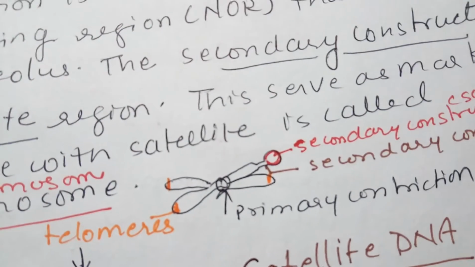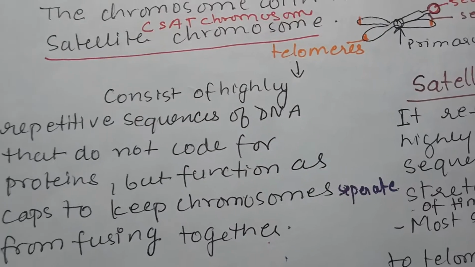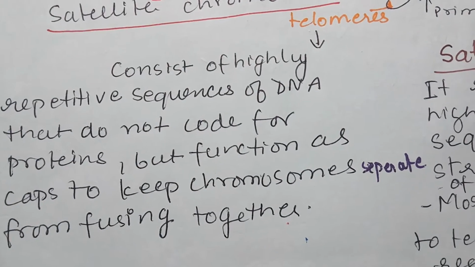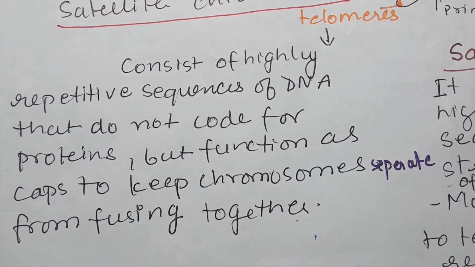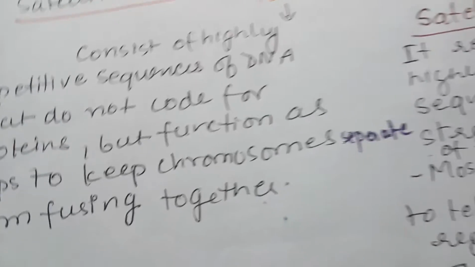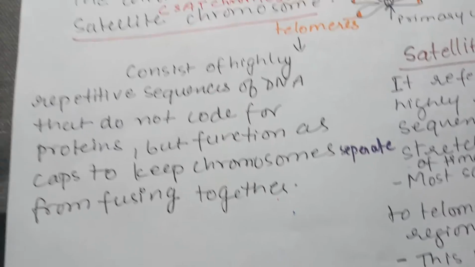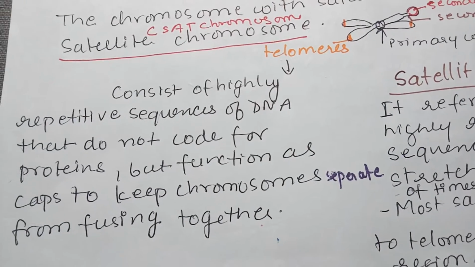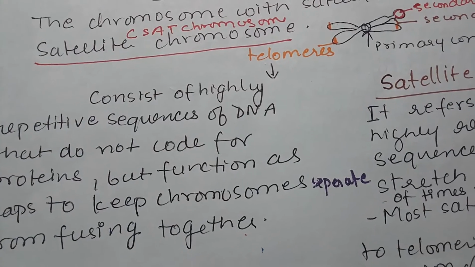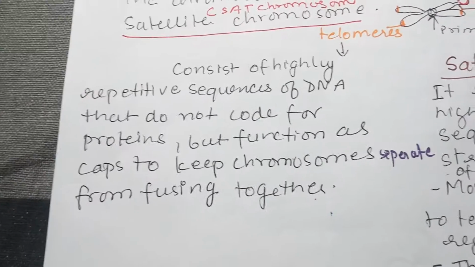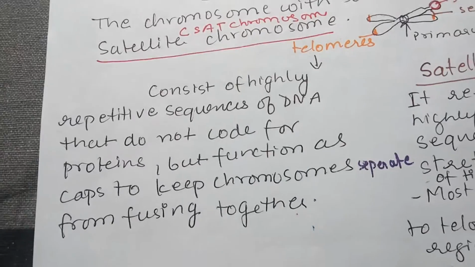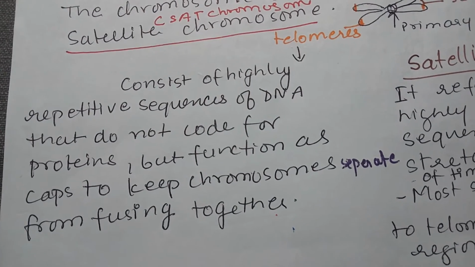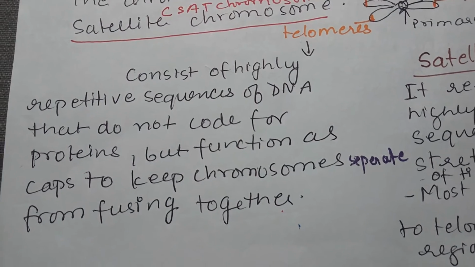Then you can see telomeres at the end. Now, what are telomeres? They consist of highly repetitive sequences of DNA that do not code for any protein but function as a cap to keep the chromosomes from fusing together, because a chromosome is actually nothing but DNA. Repetitive sequences are present throughout DNA, and we will study more about them. These are regions where functional genes are not present, but some other things are present in these regions.